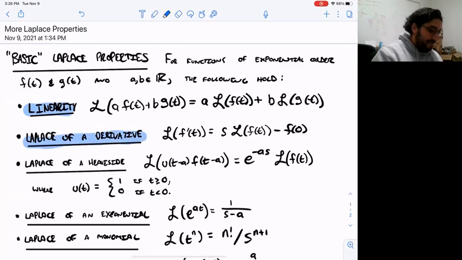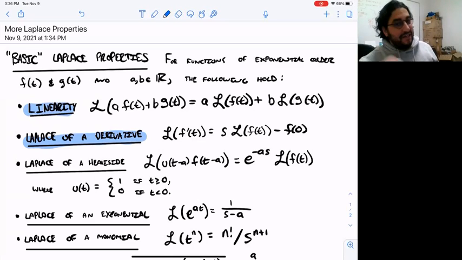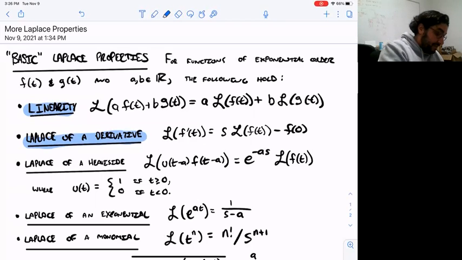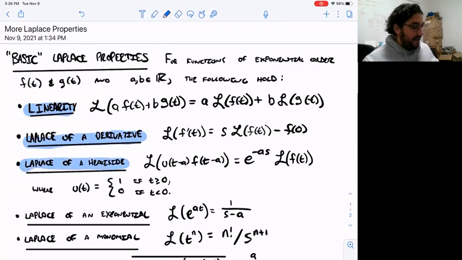Somewhere you'll have to apply the Laplace transform of a derivative, and maybe iterated versions of that to apply it to a second derivative, third derivative, right? You're solving a differential equation, there will be a derivative. Laplace transforms especially come up frequently when you're working with piecewise or discontinuous forcing terms, as shown in an example in the previous video, so this property comes up all the time.